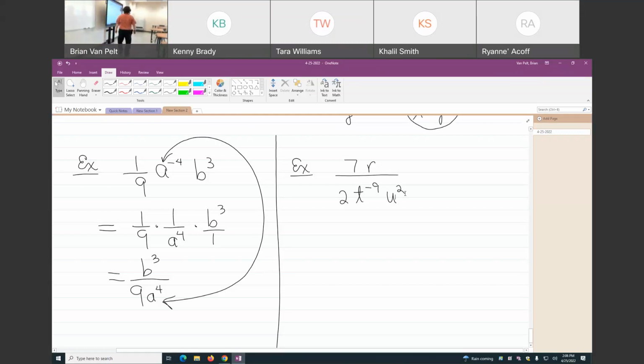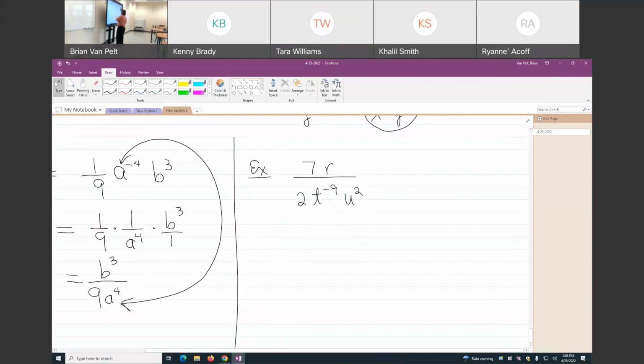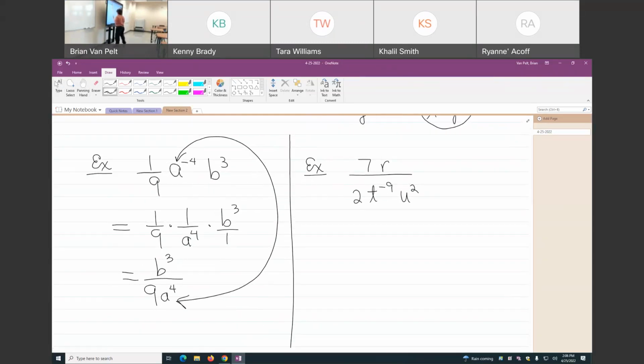Just change position so that it becomes a positive exponent. 7r t to the 9th power. Now it's in the numerator. What's left in the denominator? 2u squared. So far, so good.